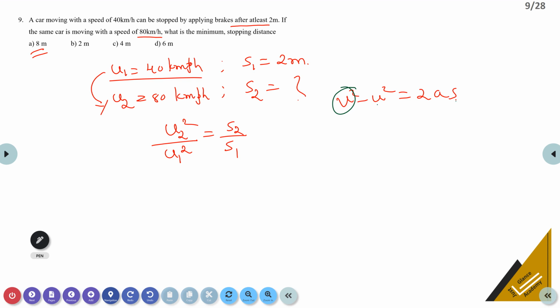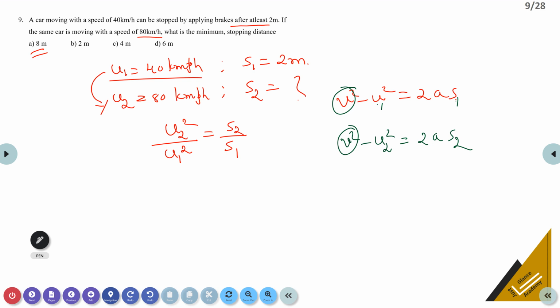Only u depends upon s, and a is the same. One is u1 square equal to 2a into s1, and second is u2 square equal to 2a into s2. The final velocity is 0 here. After simplifying like this, you get it.